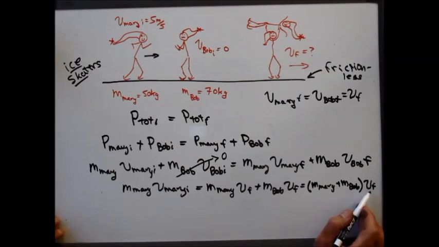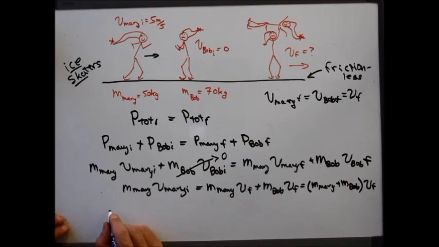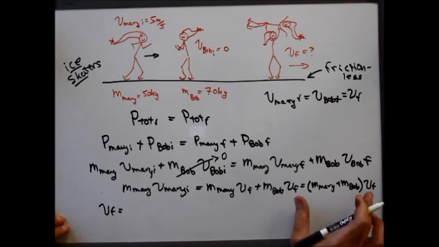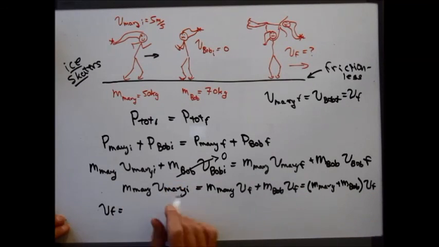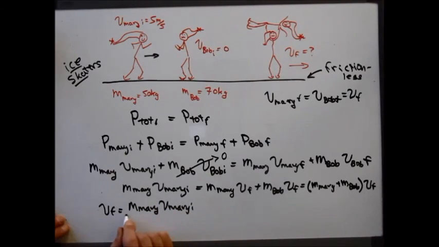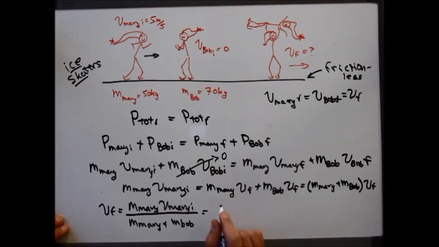Well, if we want to solve this for V final, we can just say V final is equal to mass of Mary times V Mary initial over what's in parentheses here, mass of Mary plus the mass of Bob. Well, what is that?